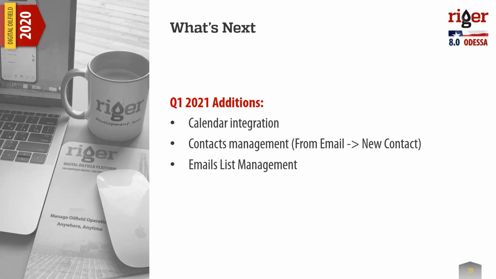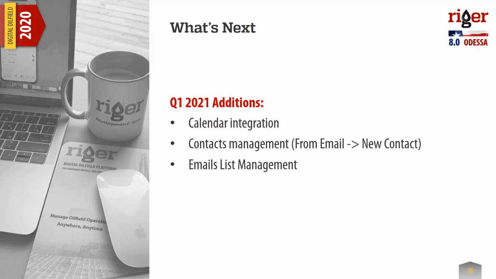So now you can generate a new contact and connect it to the client or to the vendor from the email. So if you receive a new email and you don't have this contact generated yet, now there will be a button to generate a new contact. And in this way, you will be building your list of contacts just using the email client in RigER. And definitely we will improve the email list management.